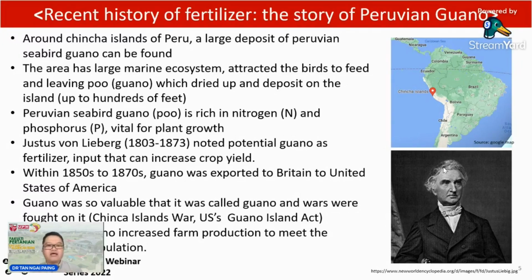Once you mine it and put it in the soil, it's like magic. It's not like any other manure or poo, not like any ordinary cow dung. It's so fertile that it can make your crop grow very, very well. So everyone was chasing after it.